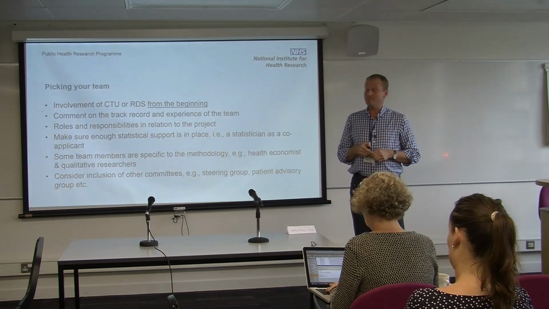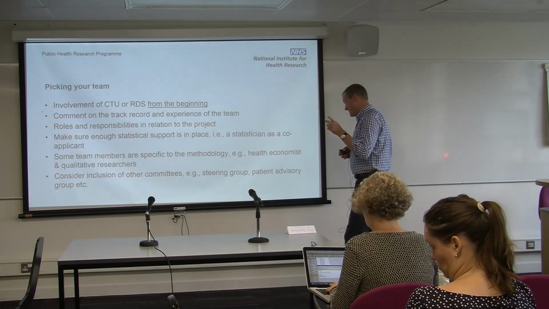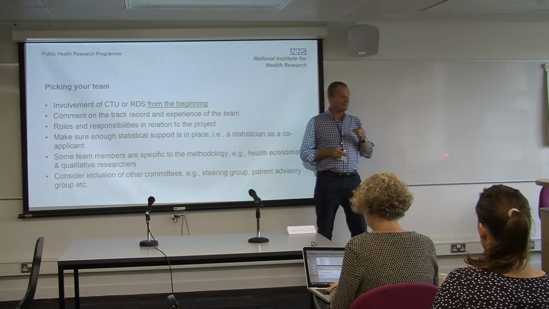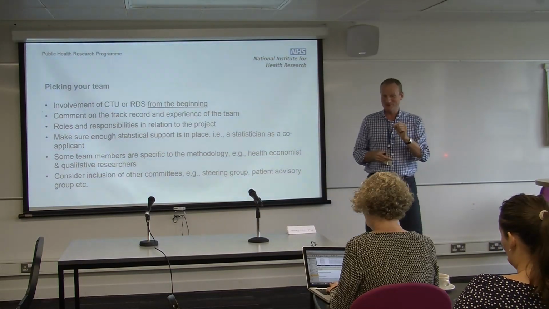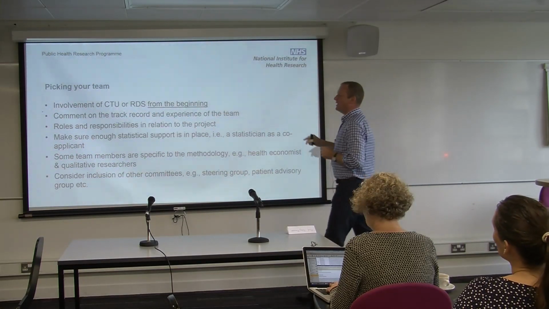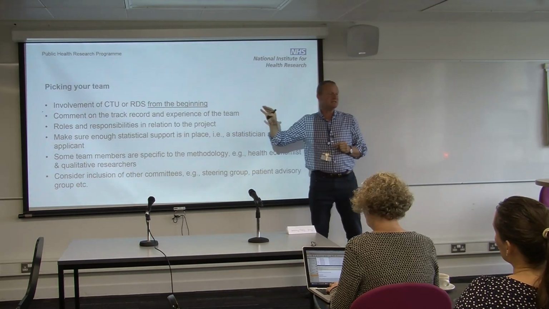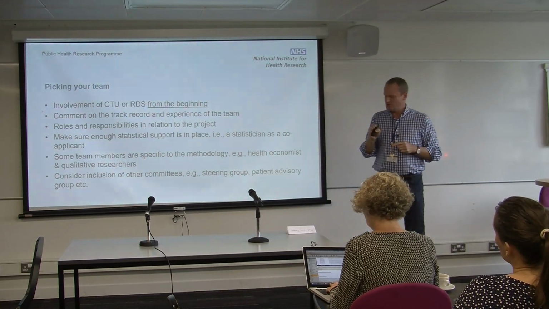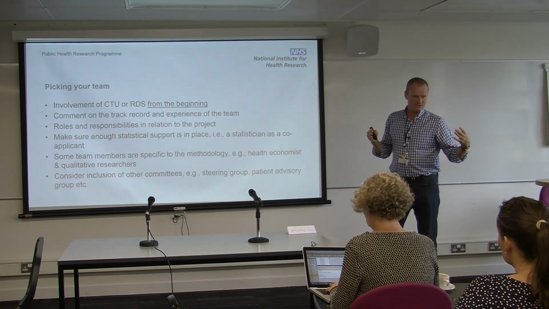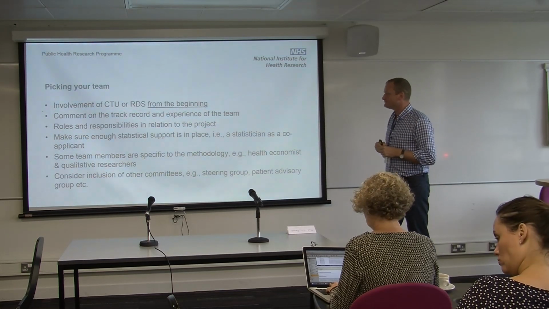So picking your team. As Frank said, we don't want a rugby team unless everyone needs to be there in order to win, but we need to outline who needs to be a part of that team, and the description of what everyone is going to do needs to be clear.